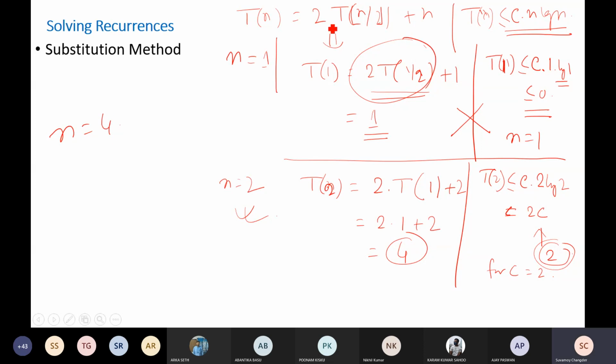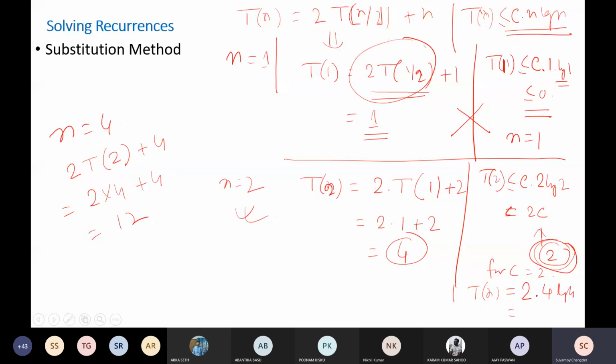Now consider n equals 4. Check whether for C equals 2 this is correct or not. For n equals 4, what will we get? 2T(n by 2), which means 2T(2), plus 4. What is the value of T(2)? Already we have found 4. So 2 into 4 plus 4 is equal to 12. And here T(n) is C, and we have already found the value of C is 2, times n, which is 4, times log 4.